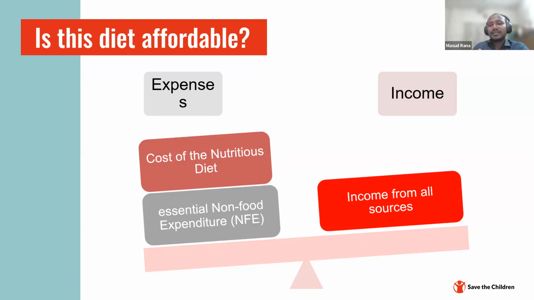And only when we see that the existing income can cover both the food cost that the software gives, and the essential non-food expenditure, the key thing to remember is essential, I'm not talking about luxury items, then we can say this diet is affordable by people. So let's look at the affordability for the whole household in the next slide.